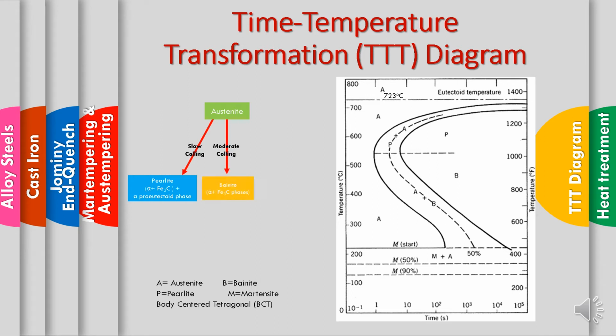With moderate cooling, it will produce bainite. If we use rapid cooling, basically it will turn the austenite to martensite. Then we reheat, or temper, after the quenching process, and it will produce tempered martensite.